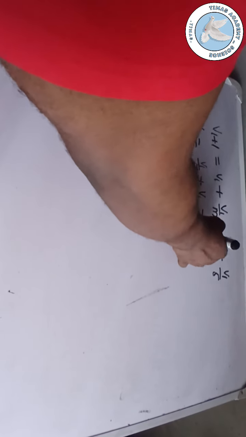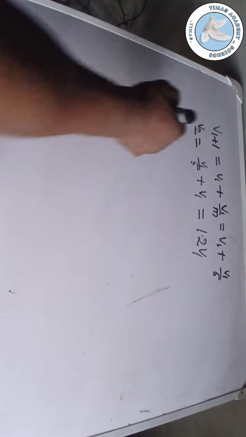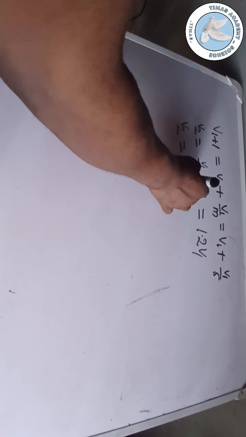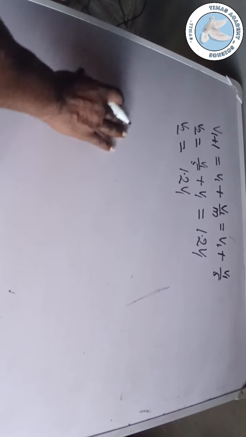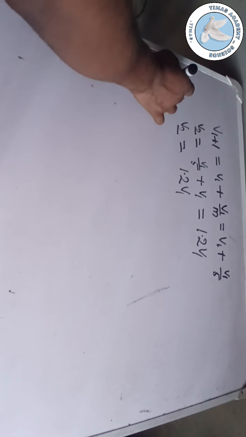If you use your calculator, you have 1.2 V1. That means your V2, the voltage at unit 2, is 1.2 times the voltage at unit 1. So having done that, let's go ahead.